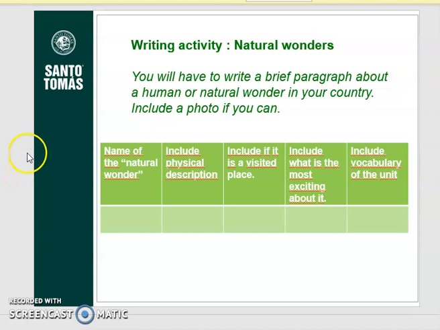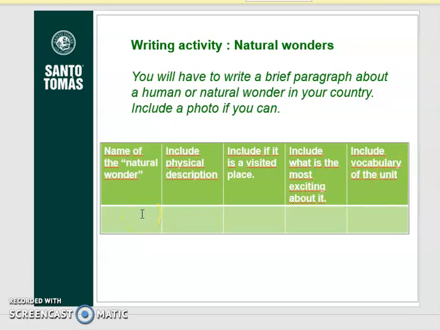The following. Write an activity, natural wonders. You will have to write a brief paragraph about a human or natural wonder in your country. Include a photo if you can, and focus on the name of the natural wonder, the physical description, include if you visit this place, include what is the most exciting about it, and include some vocabulary of the unit.